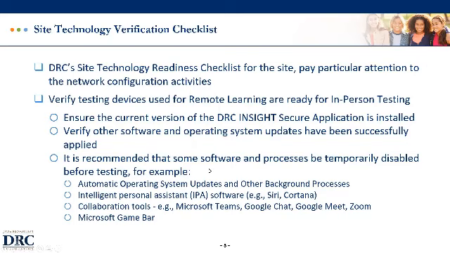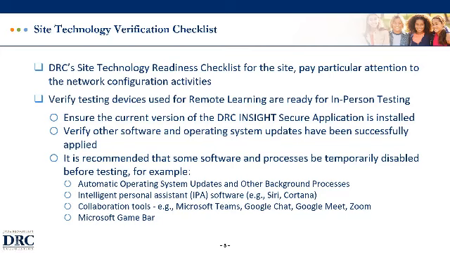The other thing you're going to want to do, regardless of whether it's on network or off network, is that you're going to be testing using testing devices that have probably been in a remote learning environment, and you're going to need to spend a little bit of time getting them ready for in-person testing.